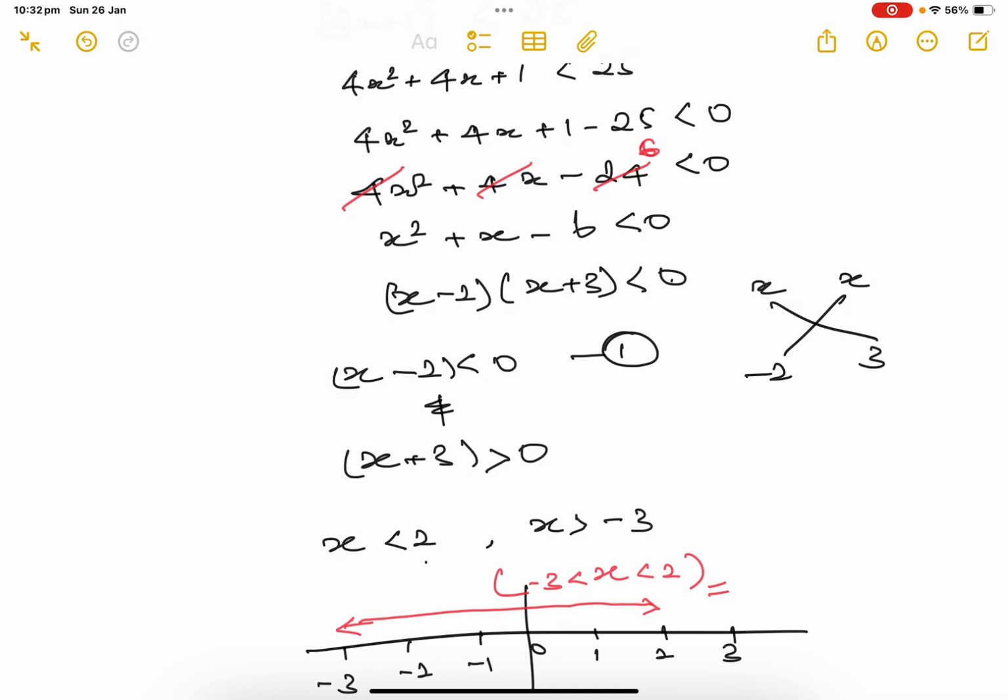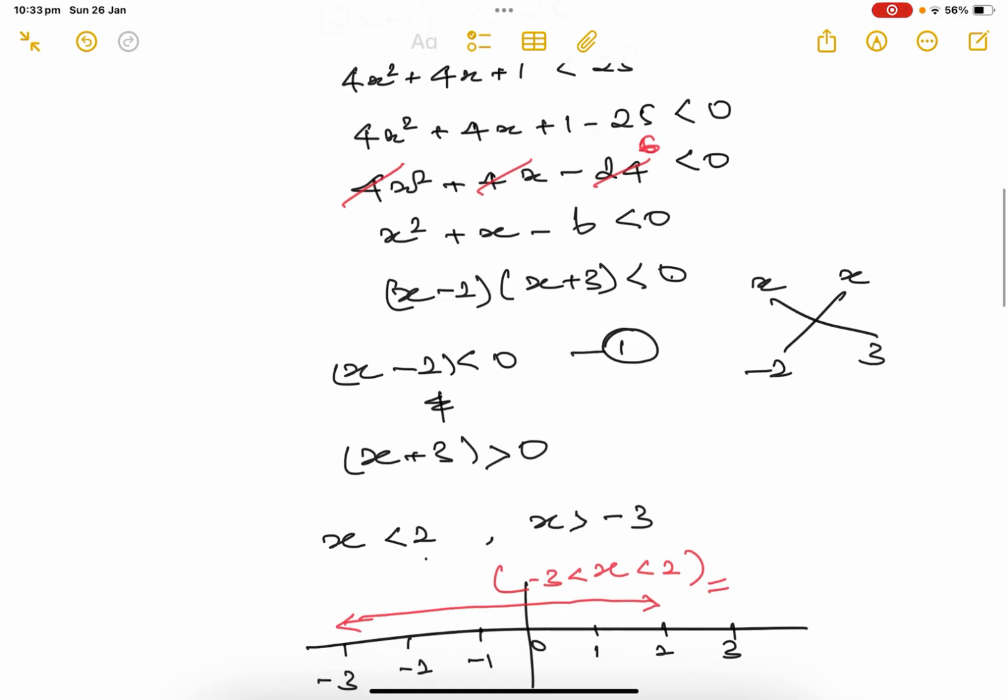Minus 2 times x is minus 2x. So 3x plus minus 2x is just x, which is what we want. And minus times plus is minus, 2 times 3 is 6, so minus 6.